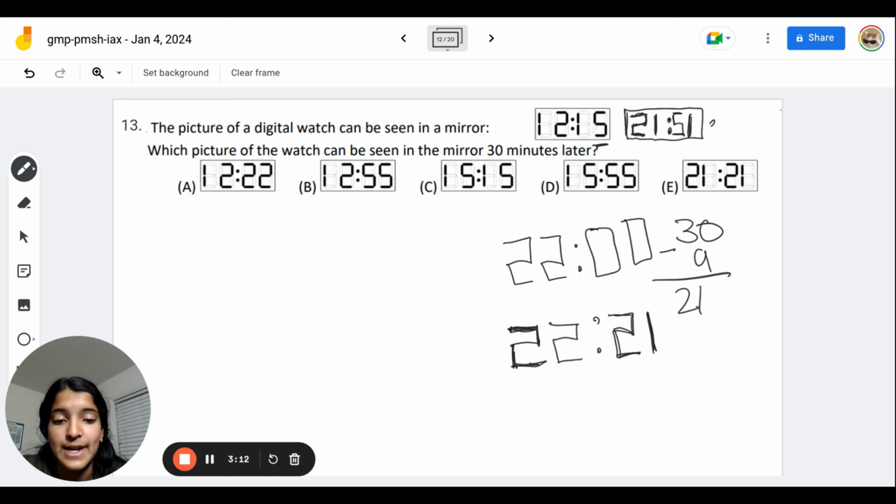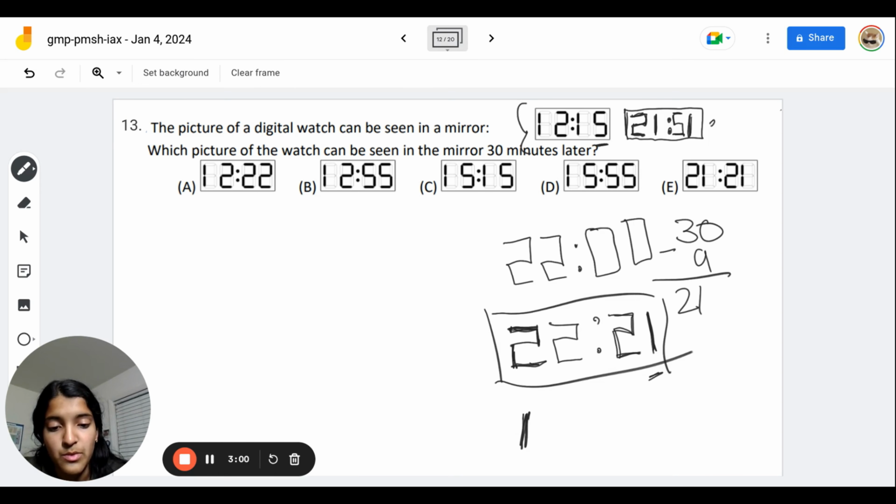Because we're still looking at it in the mirror. So when we flip this whole thing, it would look like this. So we would start with this side, just like how we started for this one. Okay. We would start with the 1, because that stays the same. For this side, we would see that the 5 looks like a 5 like that.